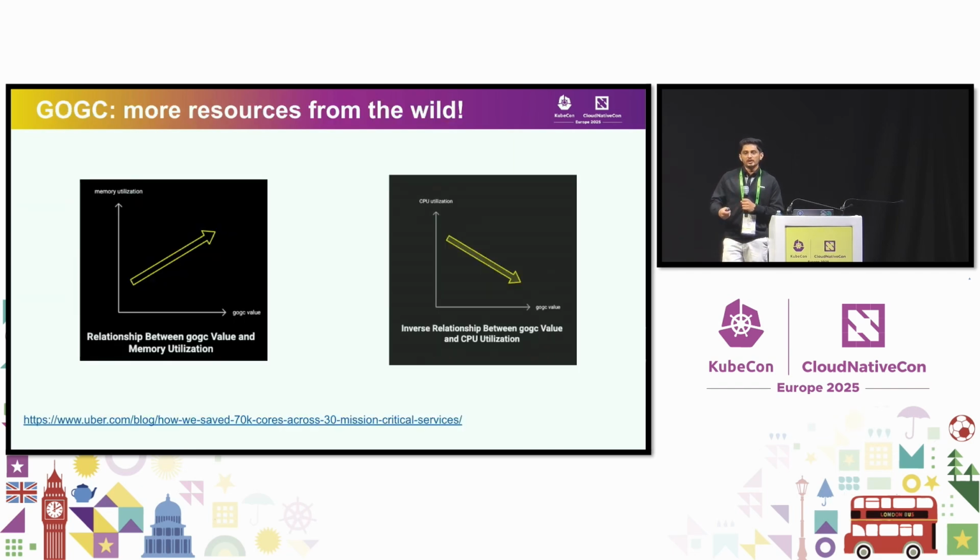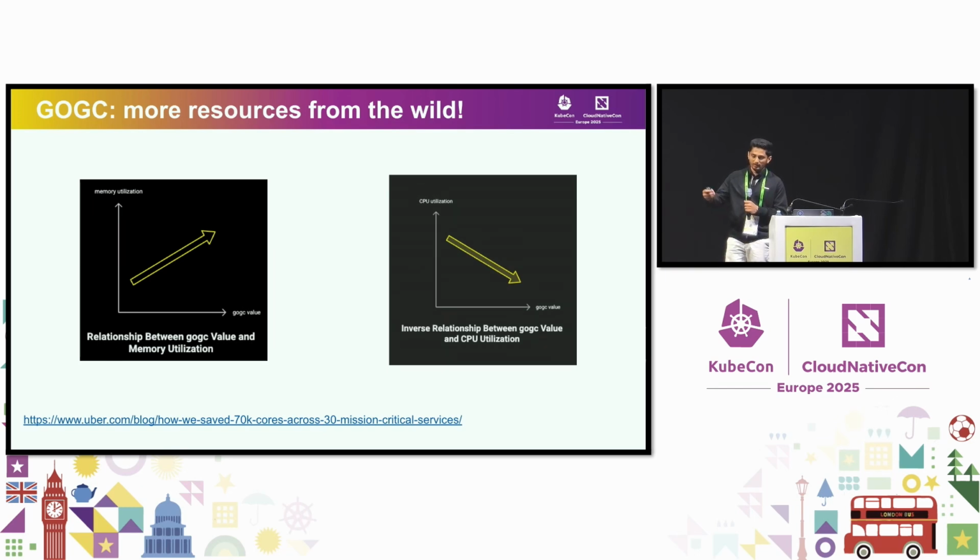GoGC is a very flexible parameter. Underneath the hood, it's a trade-off between CPU and memory. In our case, because we were memory constrained, we traded off some CPU for efficient memory utilization. Conversely, depending on the environment, one could easily trade off memory for CPU.